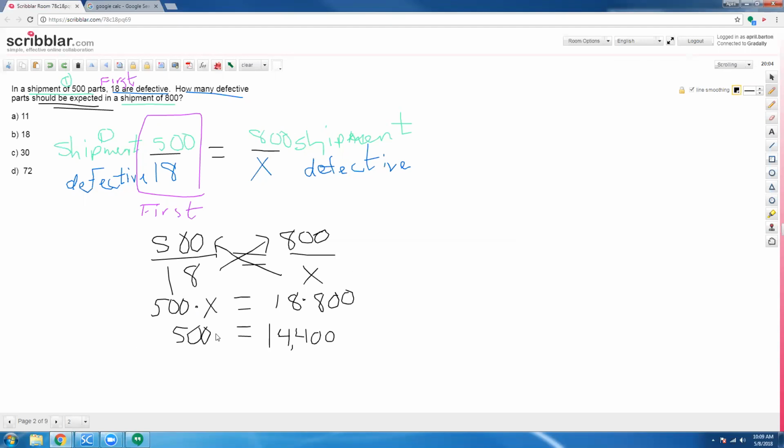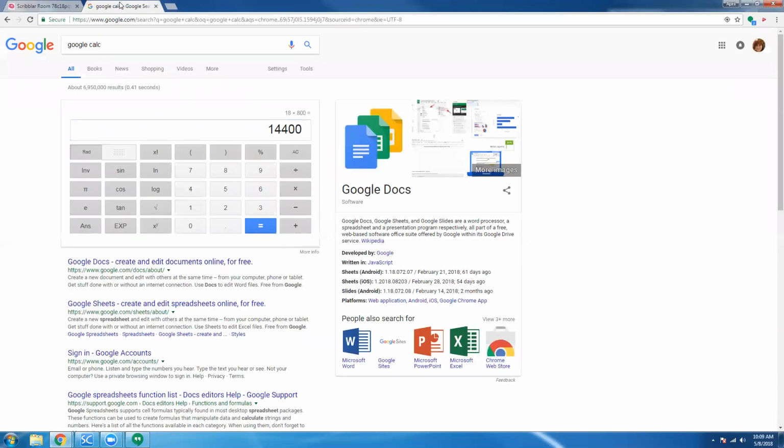Can't multiply a number and a letter actually together. But we can now use it to do our opposite operation. We said the opposite of multiply is divide. So 14,400 divided by 500. 28.8.